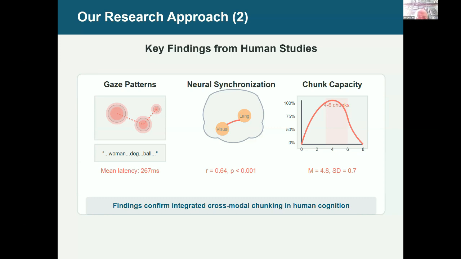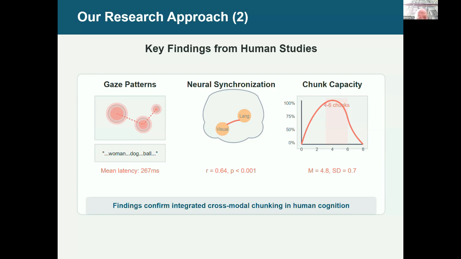And our working memory assessment found that people can effectively remember about 4 to 6 cross-modal chunks, regardless of how many individual elements are contained in each chunk. Performance drops sharply when the number of distinct units exceeds this capacity.